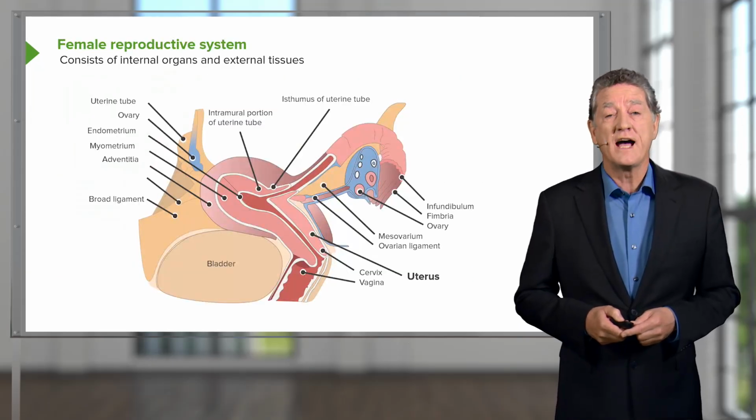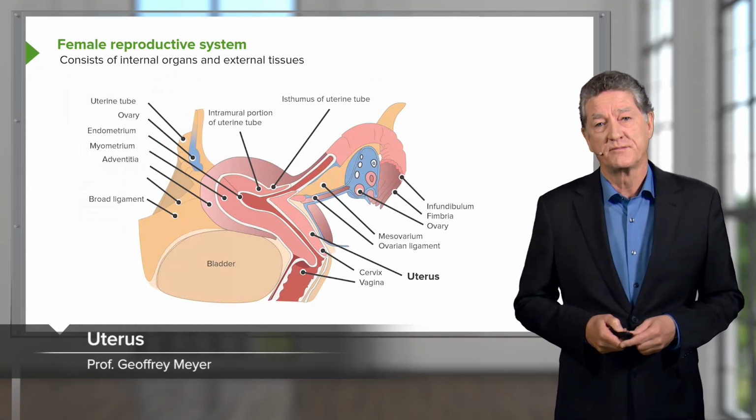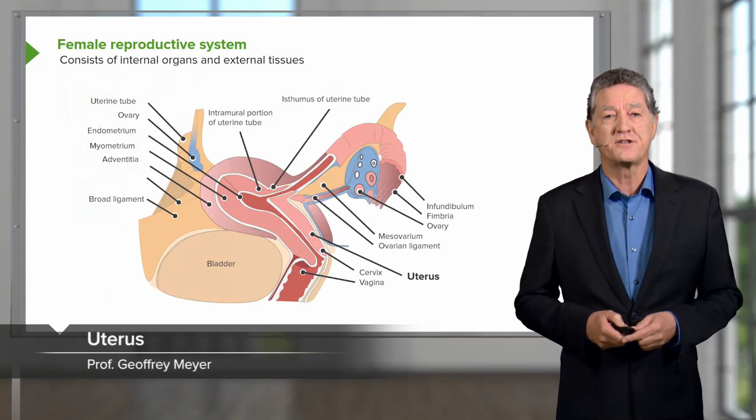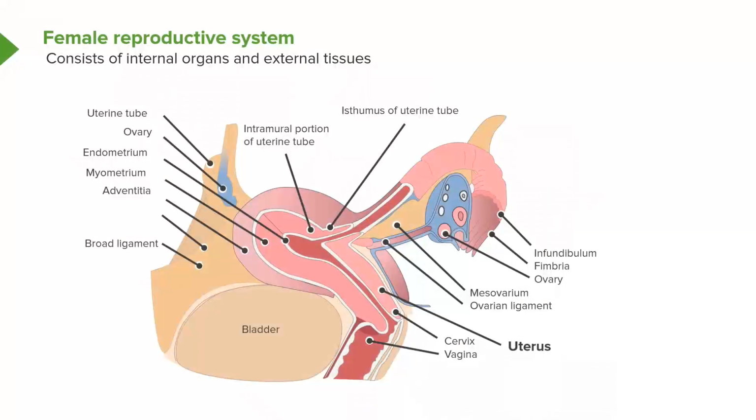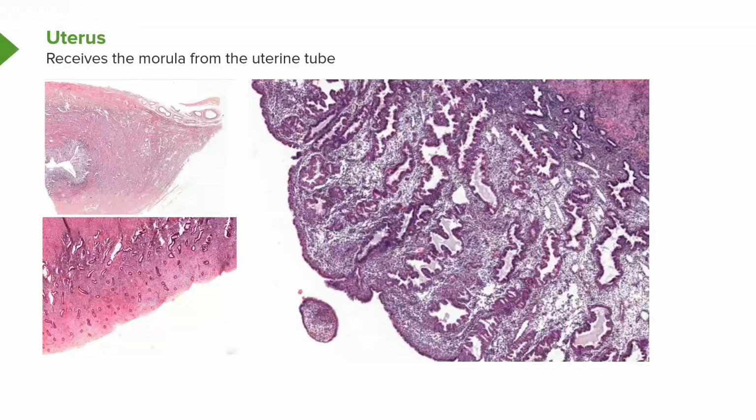I want to move on now to discuss the uterus. And again on this slide, this diagram shows you where the uterus is located. It's a relatively large organ associated with the female reproductive system. And it has two components that I'll now describe. The uterus undergoes drastic changes throughout the menstrual cycle.